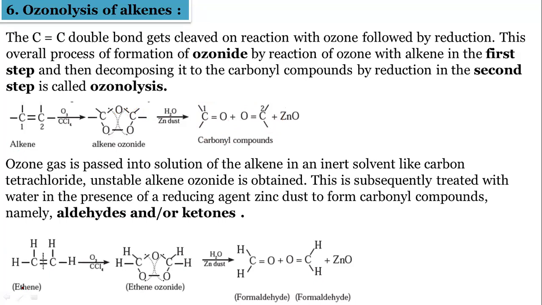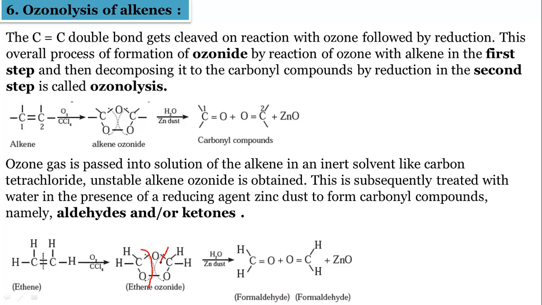See, one example is given here. If ethene is taken and ozone is added, the breaking is shown here. As per the general reaction, the first oxygen is added, then the second, then the third, and we break this ozonide like this.